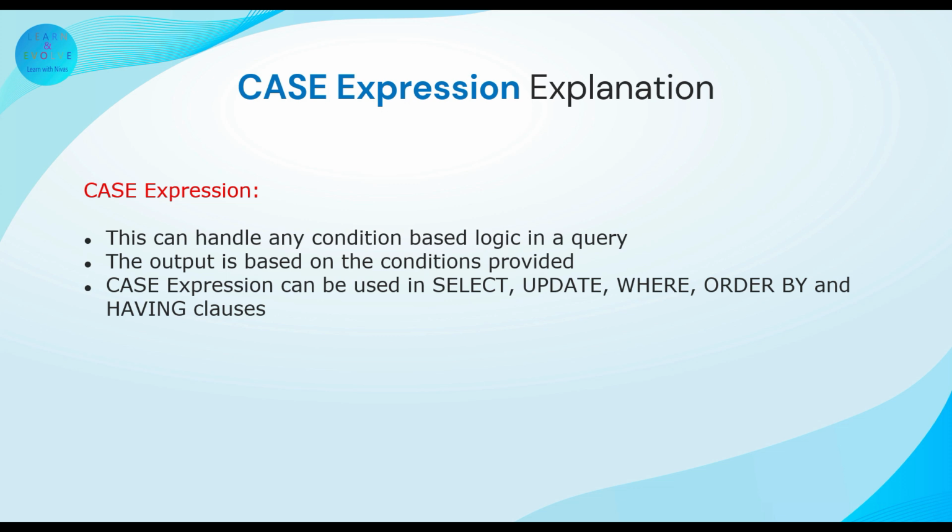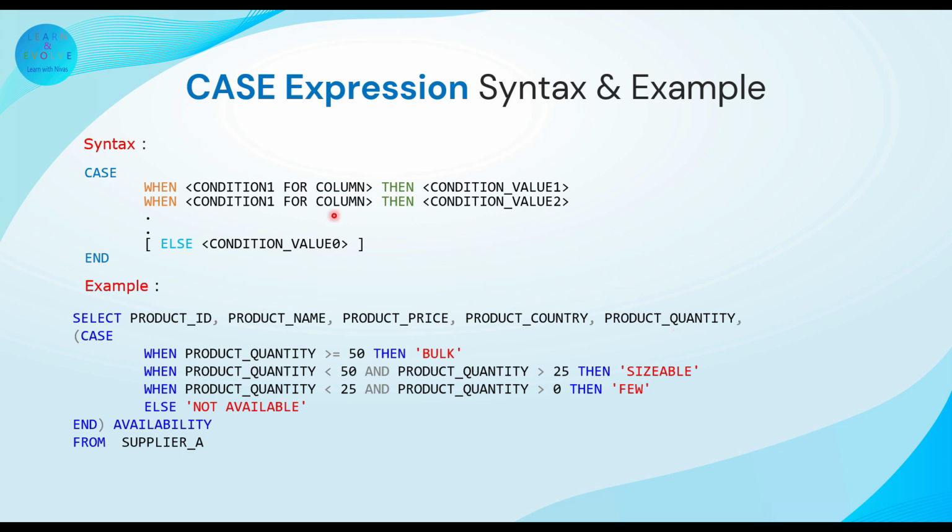Okay, so basically case is for translating your data. We'll see with an example how it looks. Here is the syntax. You have a case, which indicates the case statement starts, and you put conditions inside using a when keyword.